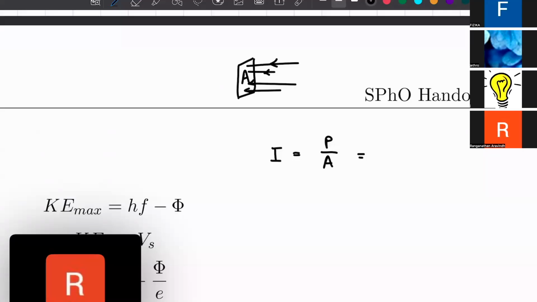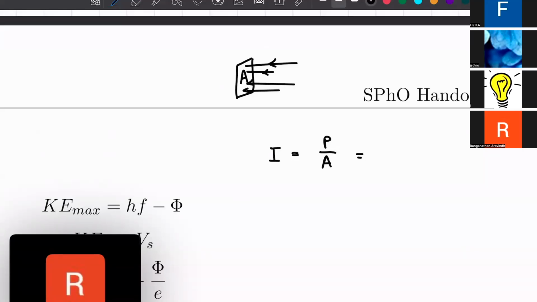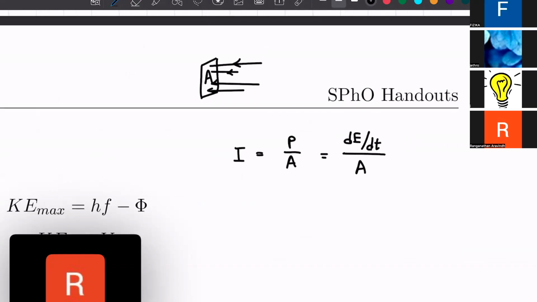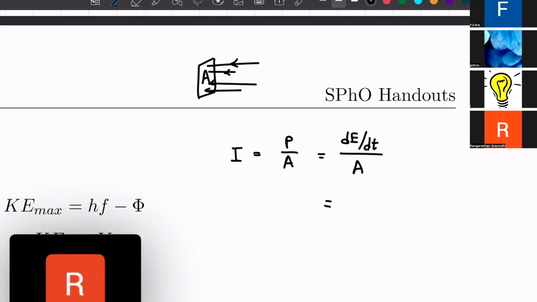Okay. So then you can think of power as the rate of energy that is being transferred to that. So dE/dt over A. Okay. So then you can think of dE/dt, right?